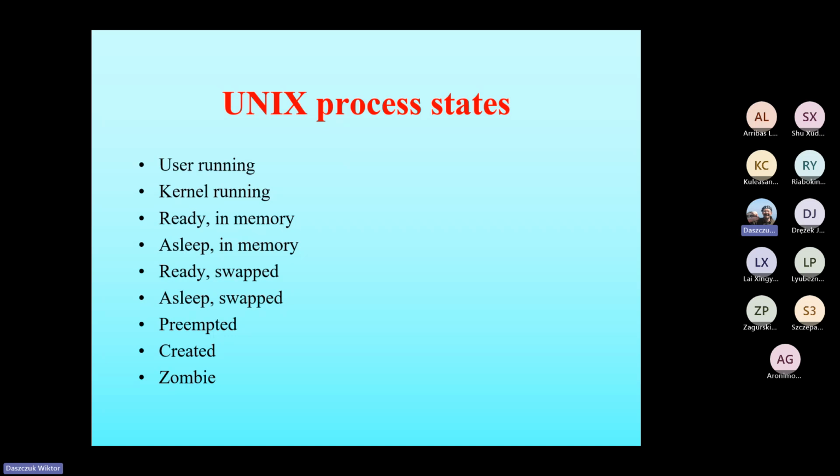Generally, processes in Unix-like systems are asynchronous. We can ask for a state for a given process, but we never know if the process exists.